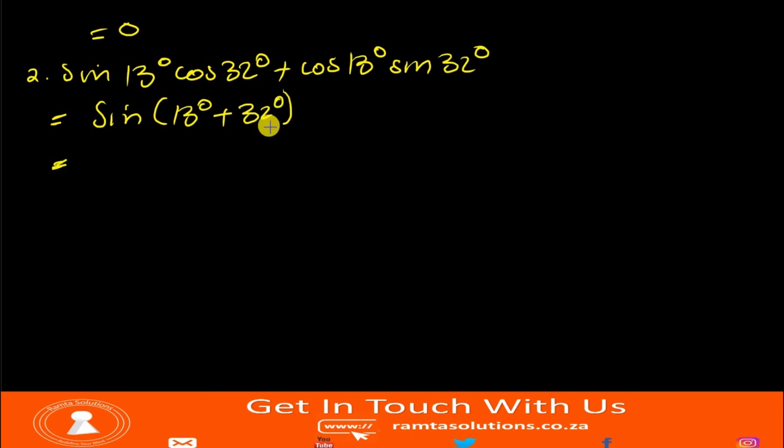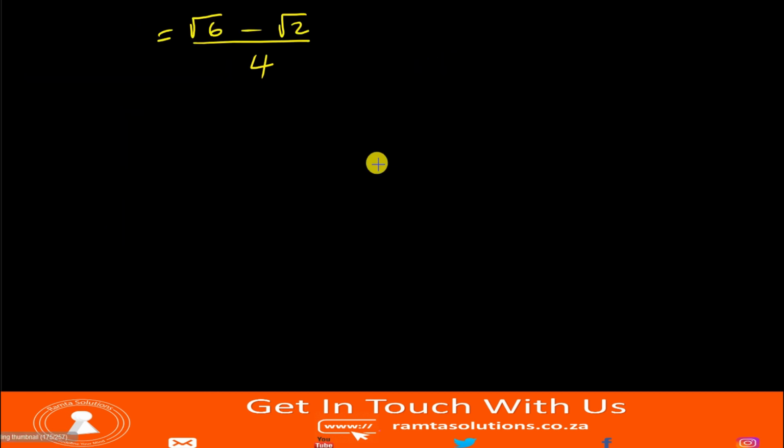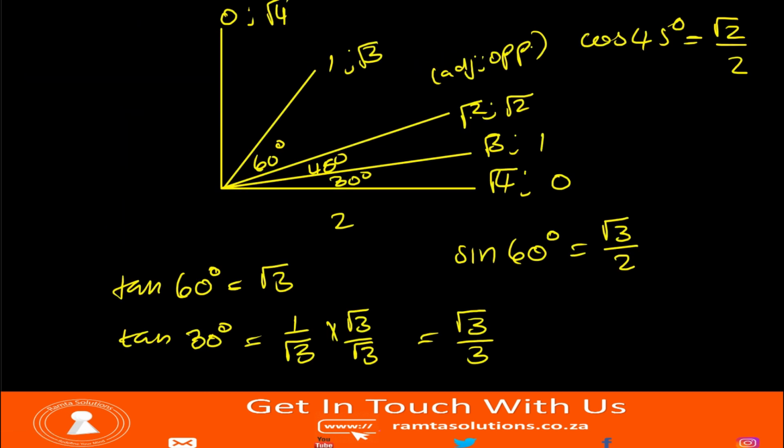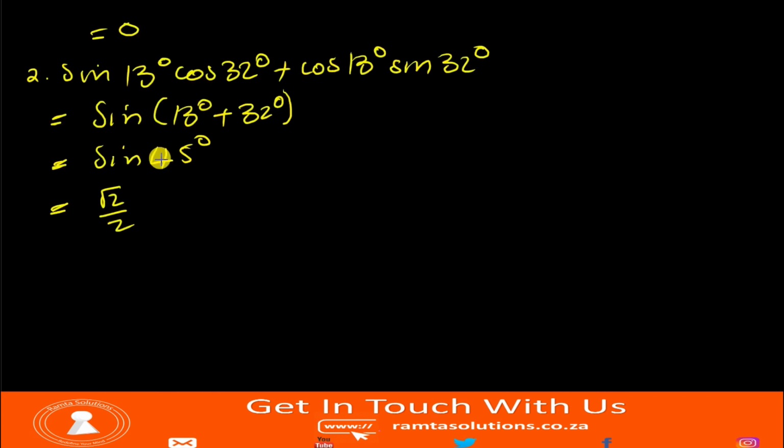So 13 plus 32 is 45 degrees. Therefore, this is root 2 over 2. If you are not sure, you can use that diagram, or directly, you can substitute on your calculator. Sine 45 is root 2 over 2, okay?